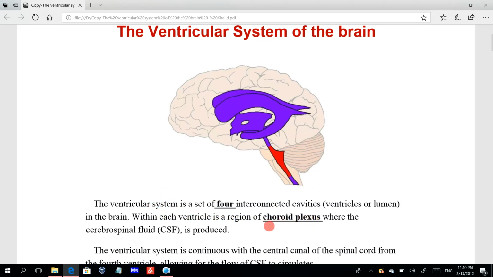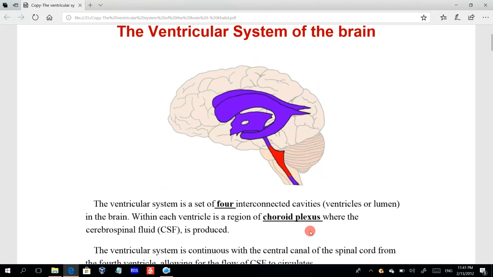The choroid plexus is a specialized tissue responsible for the production of the CSF, which circulates within the ventricular system, and later goes out of this system to circulate in the subarachnoid space surrounding the brain tissue and all the structures of the brain.